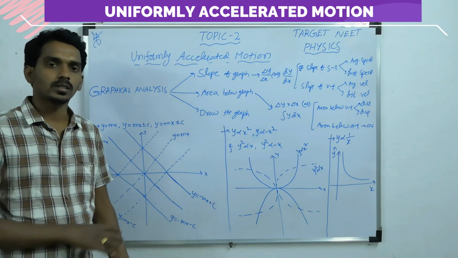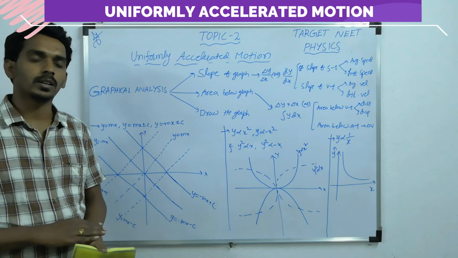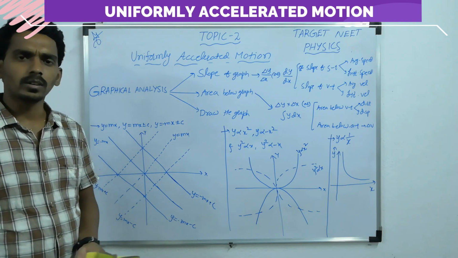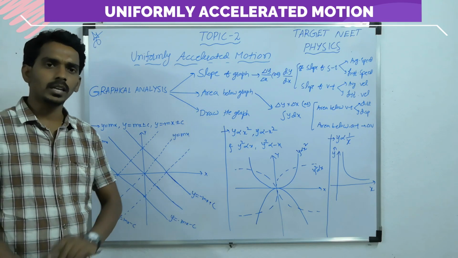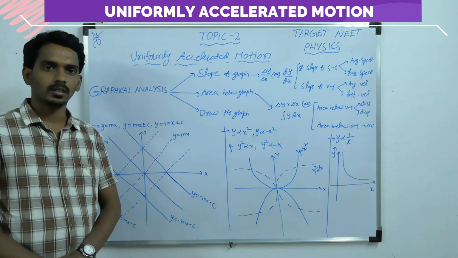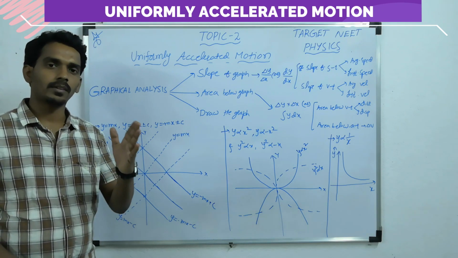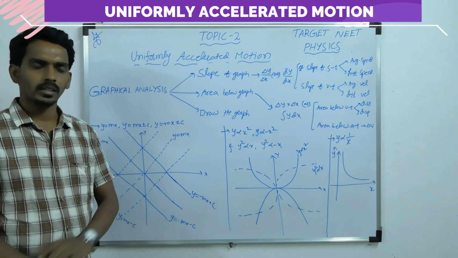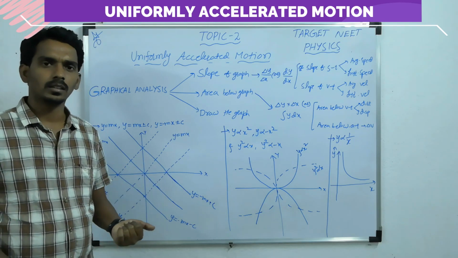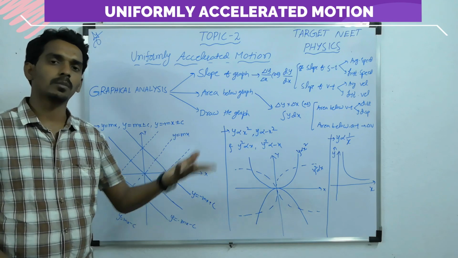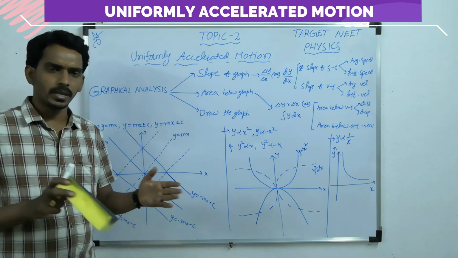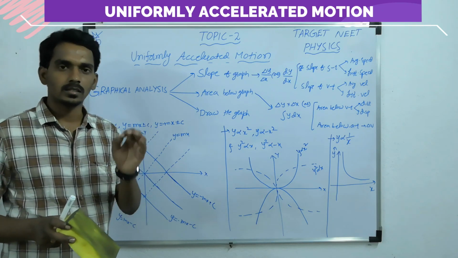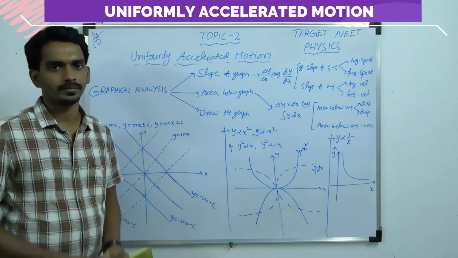What kind of questions will come and what data is required mainly to solve such questions? When you consider a graph, basically there are two types of graphs. Graphs having straight lines, graphs having curves. There are specific graphs in curves like parabola, hyperbola, that is different. But basically you can divide the graphs into two types, straight graph and curved graph.